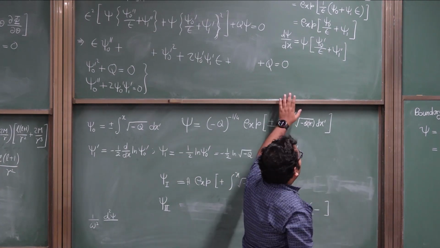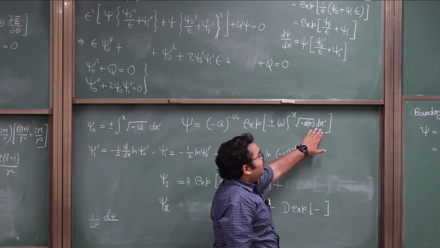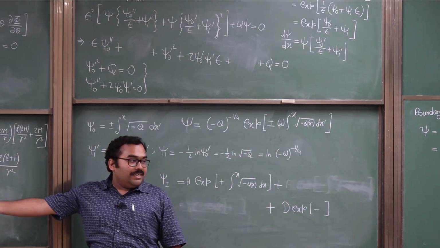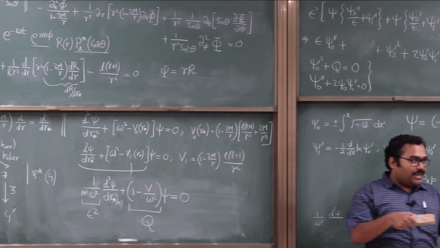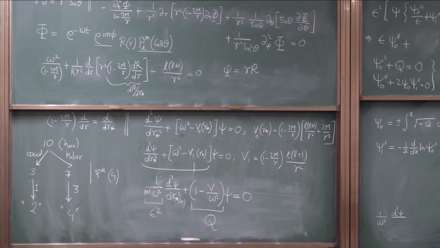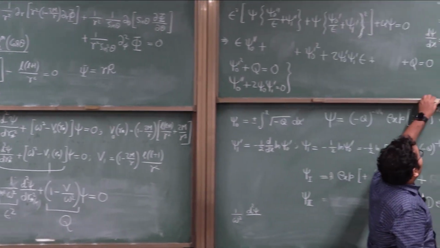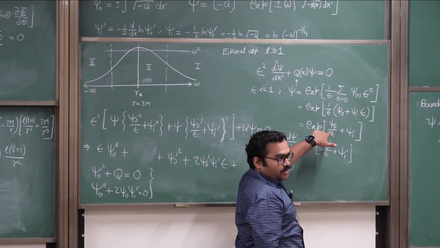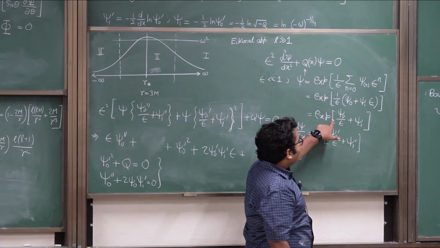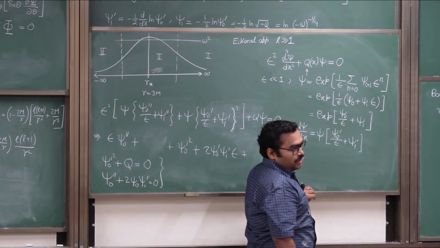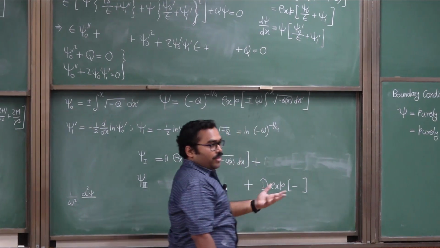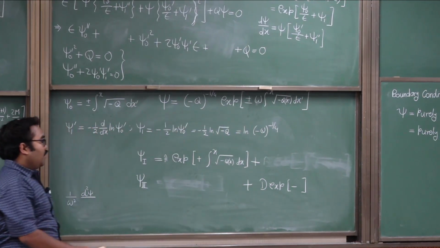What I was trying to argue beforehand is that this x here is a dimensionless quantity, while r star here is dimensionless. So you can play around with x and r star with factors of omega. But as I said, if you take your epsilon here to be omega, or 1 by epsilon to be omega, then that automatically gives you exponential of omega psi naught, and then you will have an omega sitting here. You can interpret it in both ways.